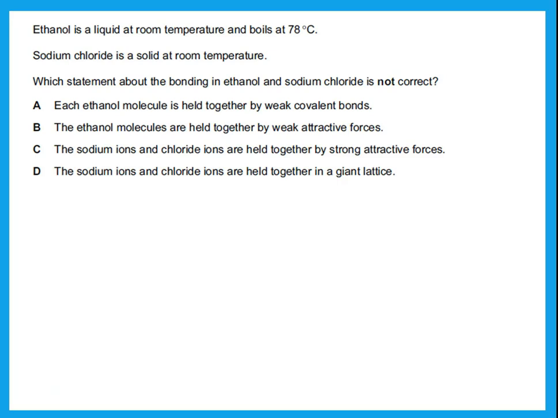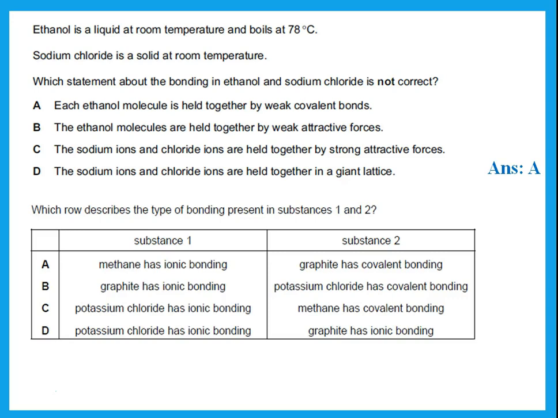So far A was the one that's not correct, because weak covalent bonds, we said you cannot refer to covalent bonds as weak, they're strong. So A is wrong. B is correct, C is correct. What is D? Sodium ions and chloride ions are held together in a giant lattice. That is correct. So A is the one that is not. Please pay attention. Is he asking for which one is correct or which one is not correct?